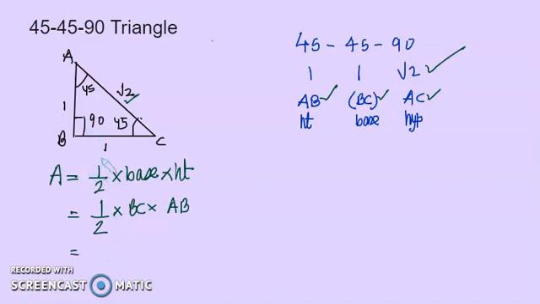Now in these triangles, base and height will always be equal, because this is an isosceles triangle. So base is BC and height is AB, and we can write it as half of the product of sides forming 90 degrees.